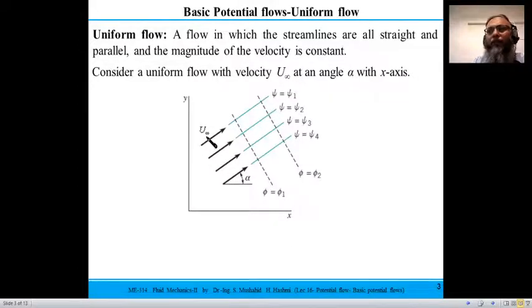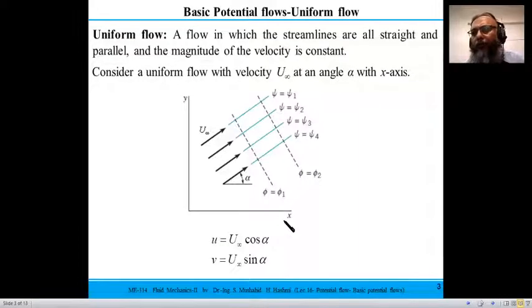This constant velocity, which we call u infinity, makes an angle of alpha with the horizontal axis, or x-axis. So this magnitude remains the same. That would be the representation of the uniform flow.